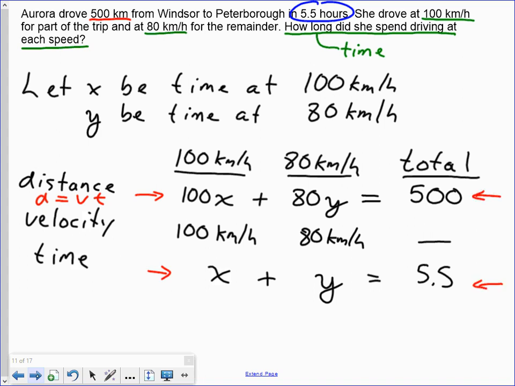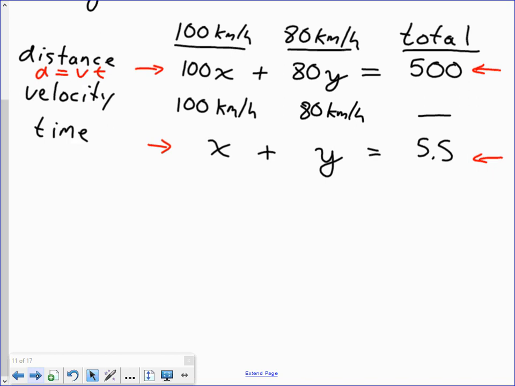So how do we solve this system of equations? Well, I think we're going to use elimination here. We are going to take this first equation here, and let's try to eliminate x. So to eliminate x, we're going to want to take our second equation and multiply it by 100.